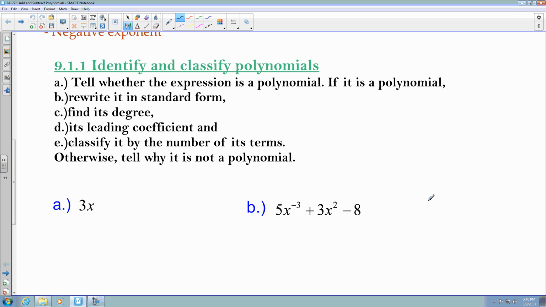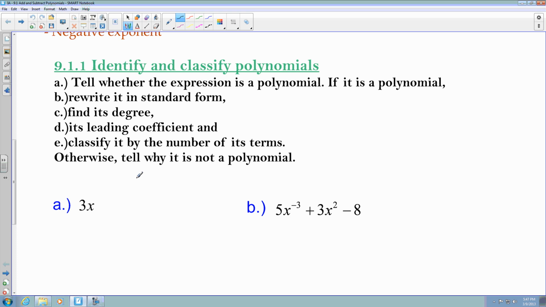Now, standard form means that you're going to take what was called the degree of the polynomial, so you're going to take the largest degree of whatever variable that may be, and then consecutively take those variables downward and write those expressions as followed. I want you to find what degree it is. I want you to find its lead coefficient and then classify it by the number of its terms, or otherwise tell that it's not a polynomial.